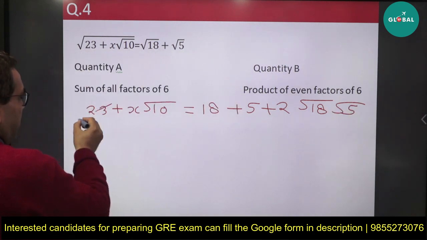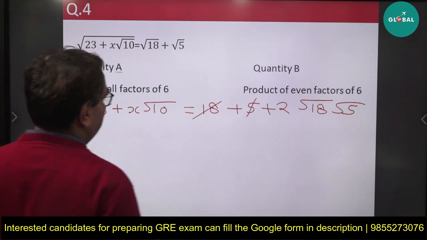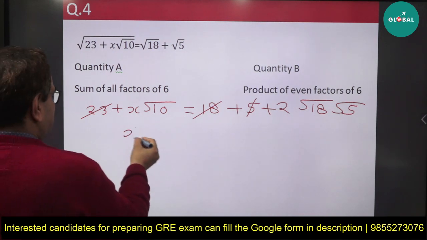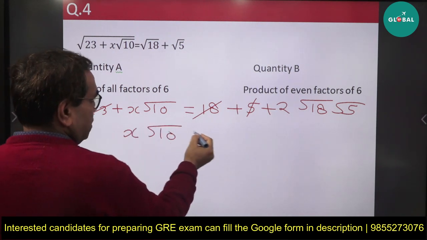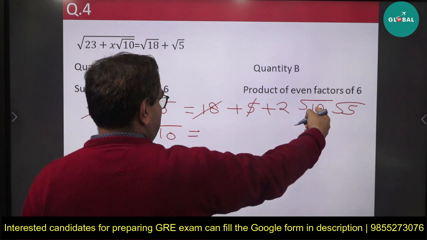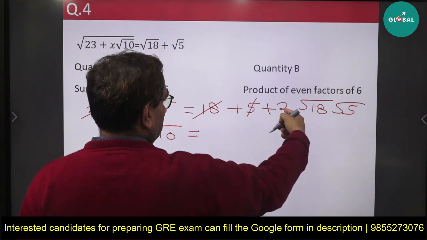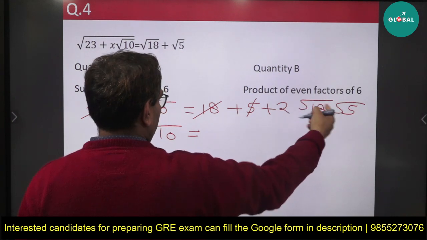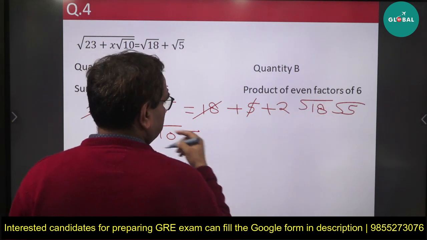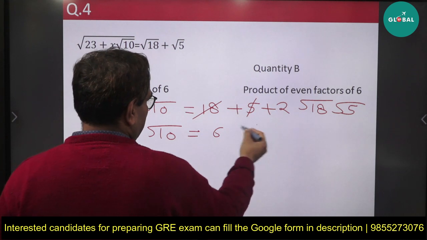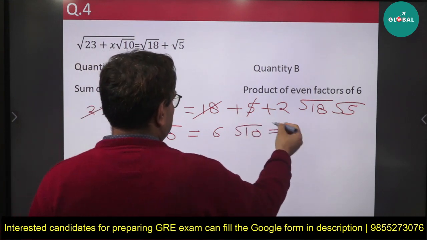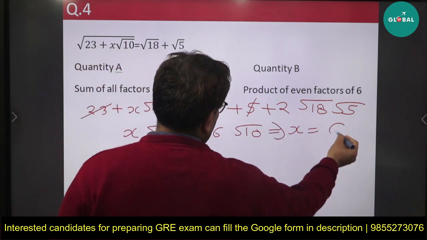This 23 and this 18 plus 5, 23 get cancelled. So here we get x root 10 equal to, we take 9 common here, so outside 3, so 6 root 10. So it gives us value of x equal to 6.